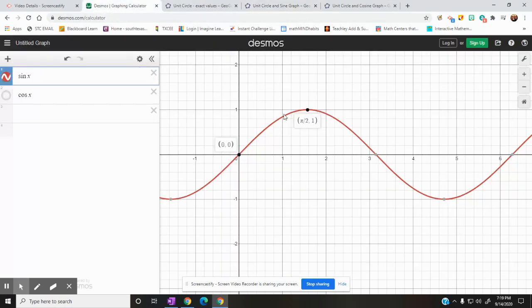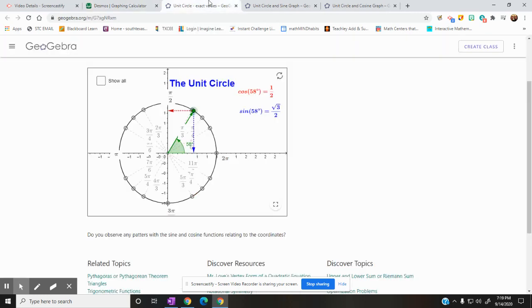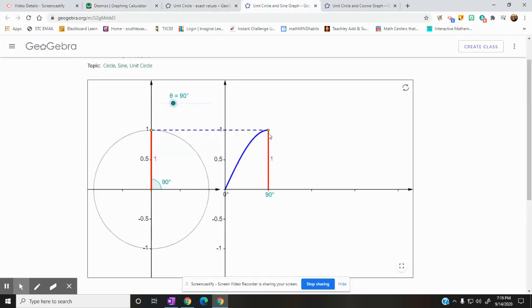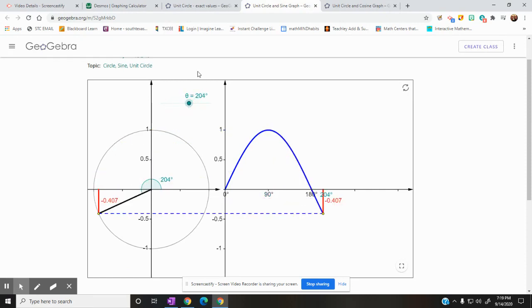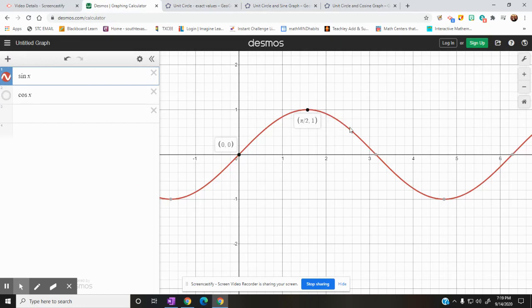It's pi over 2, right? We learned that. We know that they coincide. So if we continue moving this and graphing this, we can figure out where each point is. These are the important points to note.